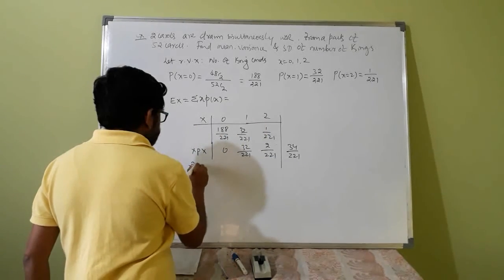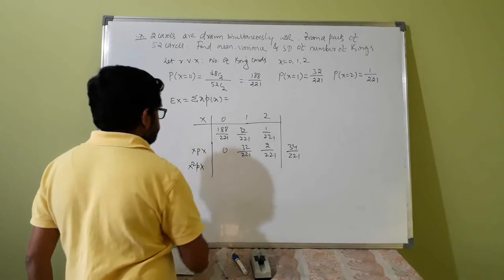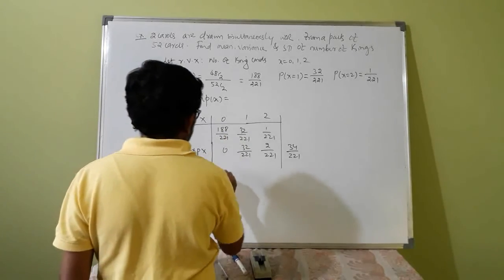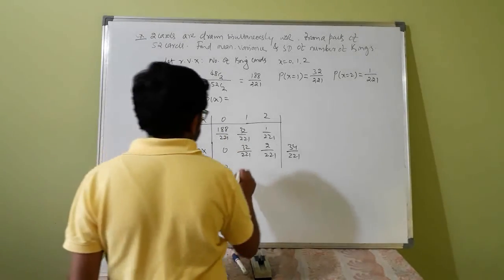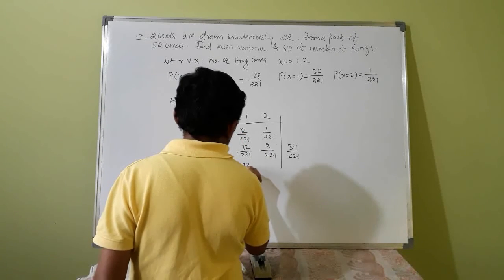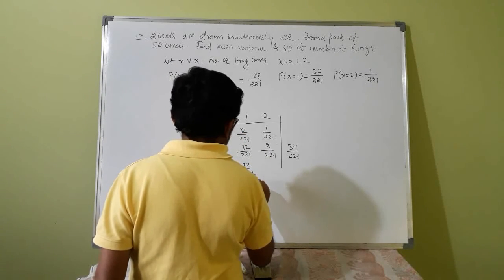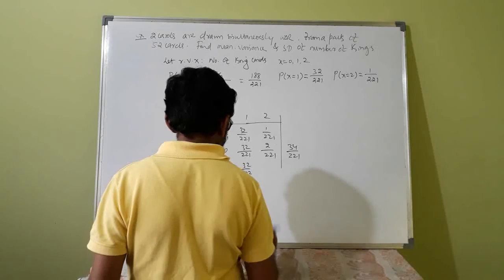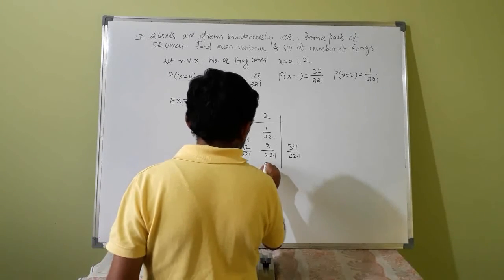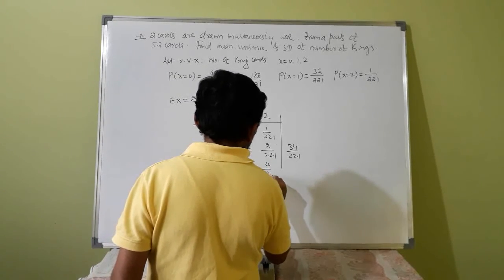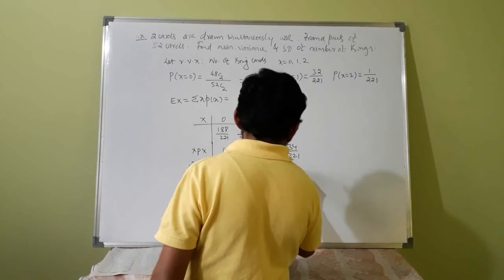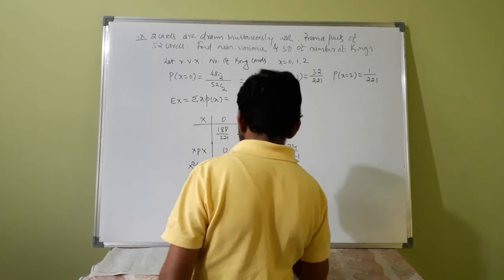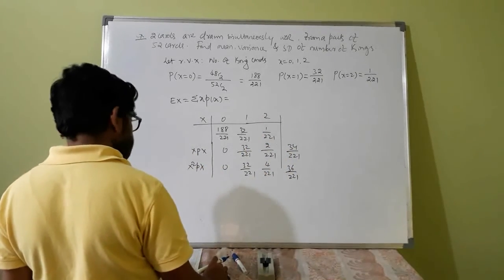X squared p(x): square of 0 is again 0. So this is square into this, 32 by 221 it is. And this is 4 by 221, total 36 by 221, isn't it?